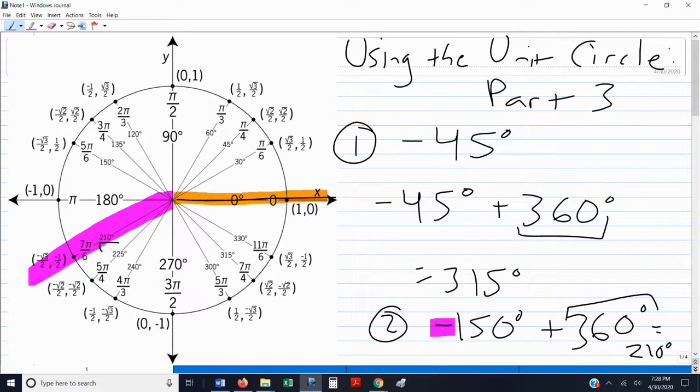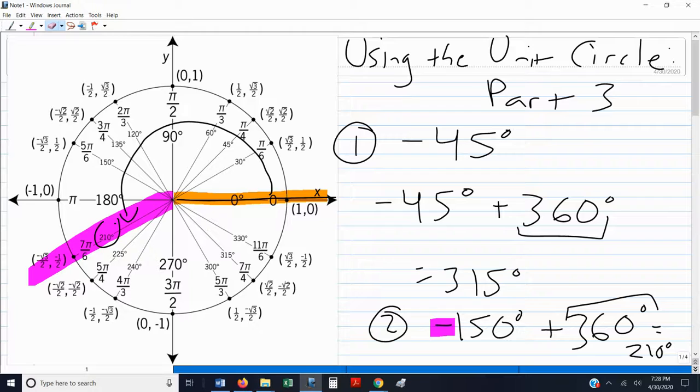Again, spinning in a complete circle, you're going to end up in the same place. So 210 and negative 150 are coterminal. They're both going to be on the same branch of the unit circle. And if you were doing positive 210, then you're just starting at 0 and going to 210. And you can see that label is there. Okay, so either one of those approaches gets you to the branch that I have highlighted in magenta.